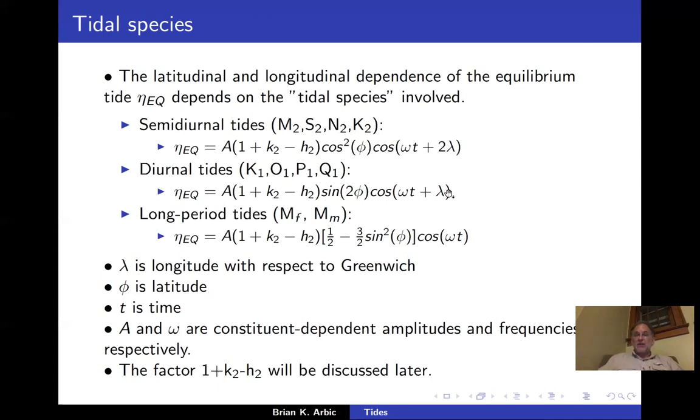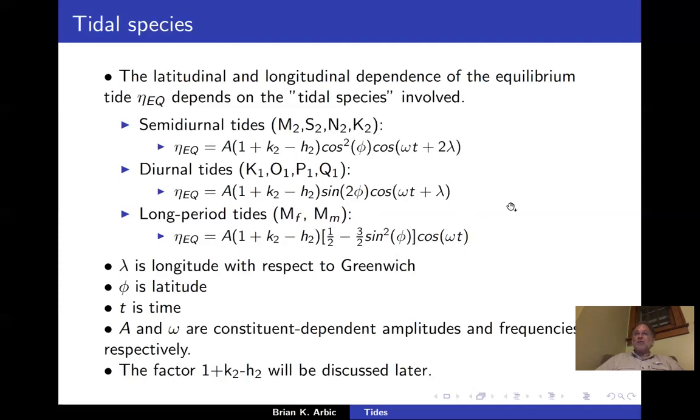But for diurnal tides, if you freeze time and go all the way around the Earth, you're only going to have 1 high and 1 low, because there's only a factor of 1 of longitude, not 2. Then for long period tides, there's yet another latitude dependence, and no longitude dependence at all.